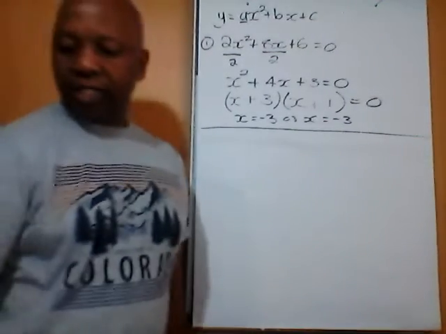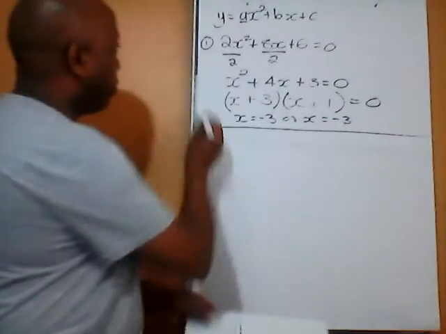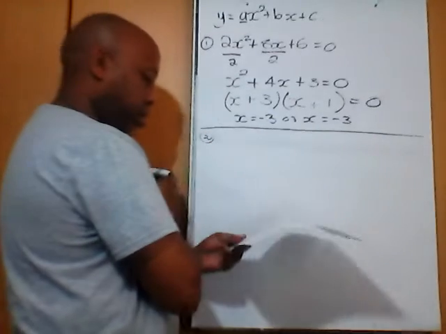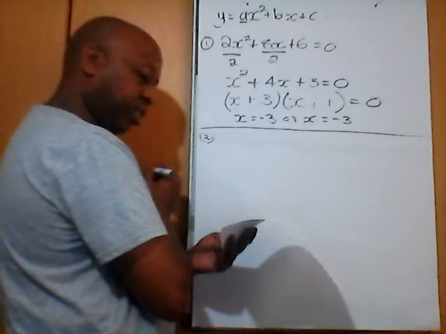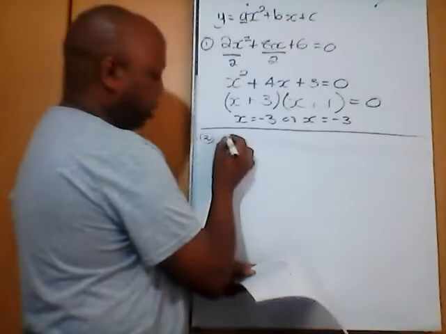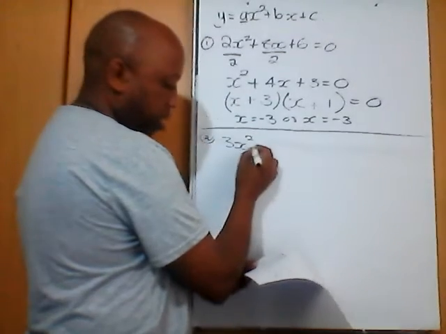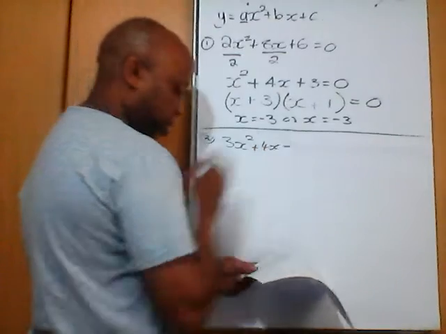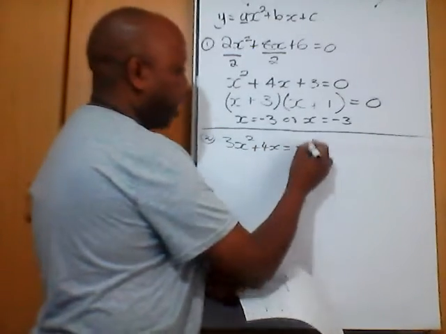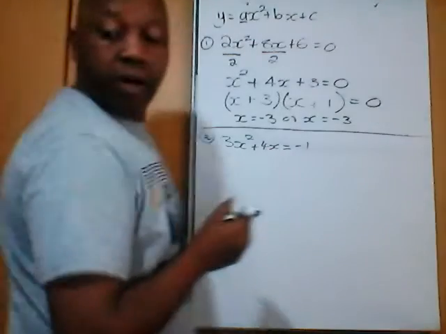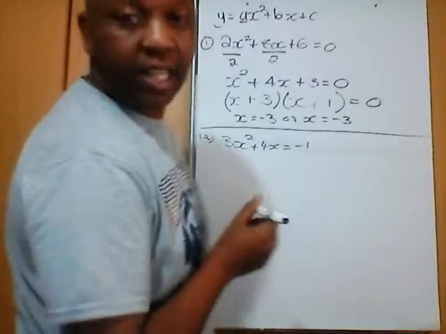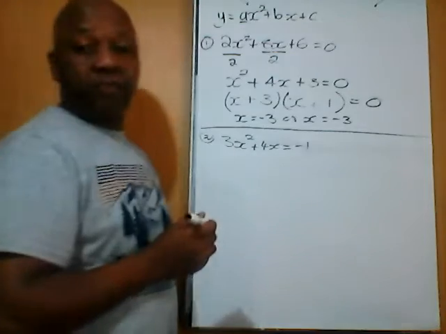Question 2. Solve the following quadratic equation where possible. Question 2, for 4 marks, is 3x squared plus 4x equals negative 1. Still from page 56, exercise 13.8, exam focus questions.